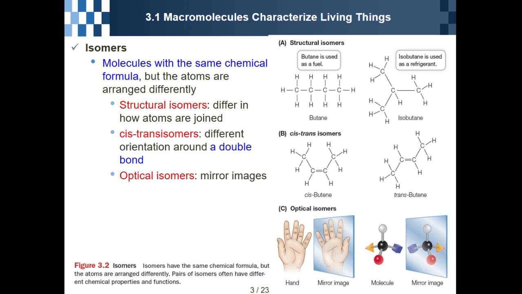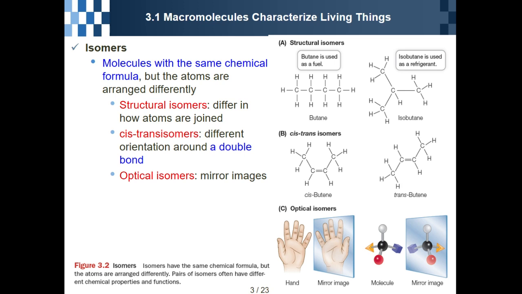The important thing in cis-trans isomer is that around the double bond, the carbons have a double bond.